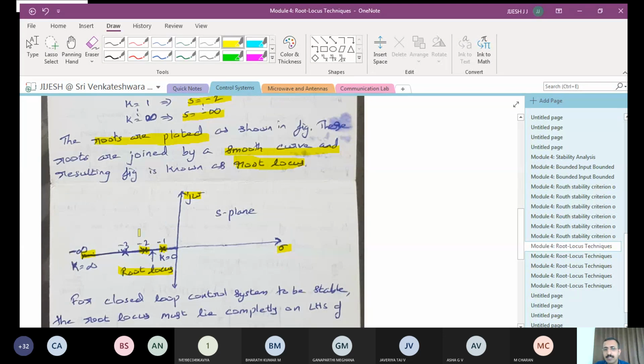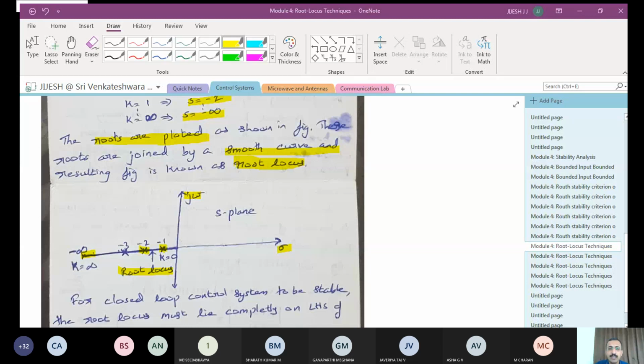Now, these poles are in the LHS, the left side. Is the system stable or unstable when the poles are represented here? Any one of you? Stable, sir, because we have studied these things in the previous class as well.